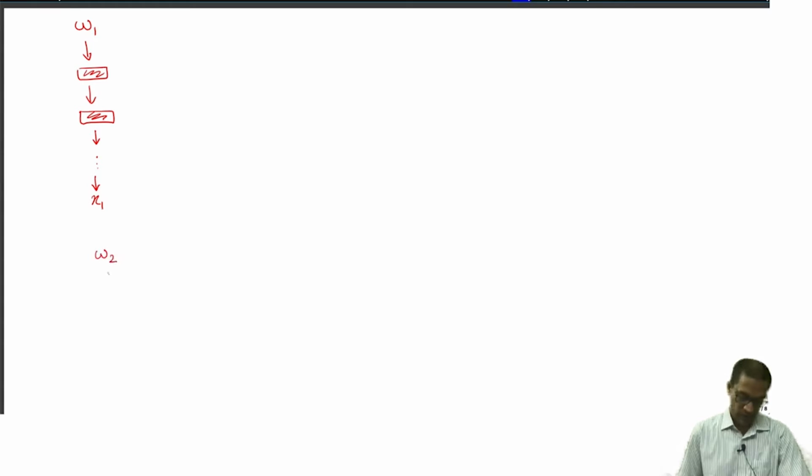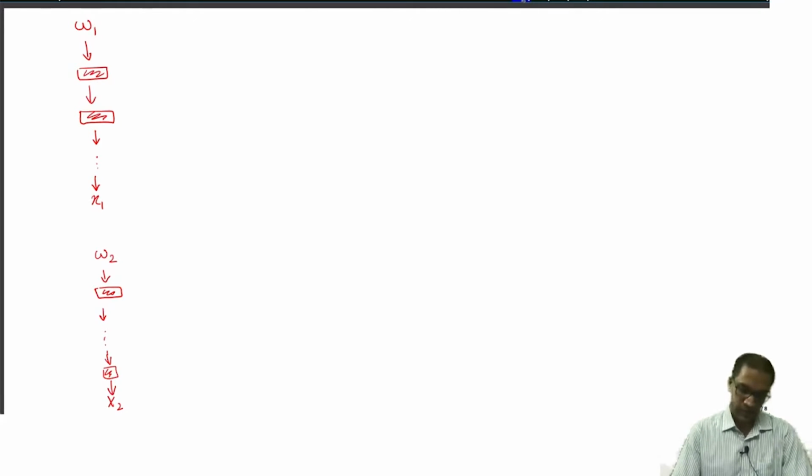So I can start at w2, I can follow my rules successively till I reach x2. Okay, so that's what the definition says. Now given this, we need to show that if I start with w1 star w2, I can reach x1 star x2 by means of my basic rewriting rules.